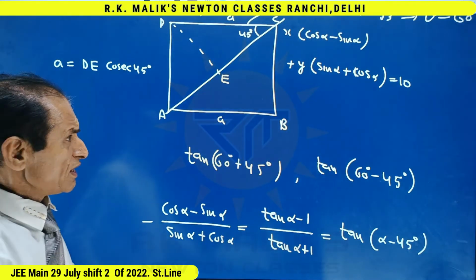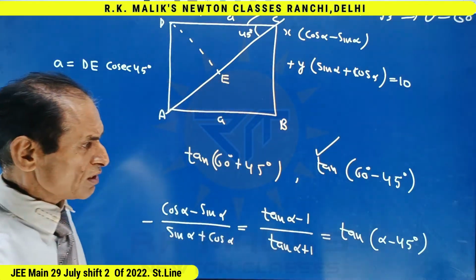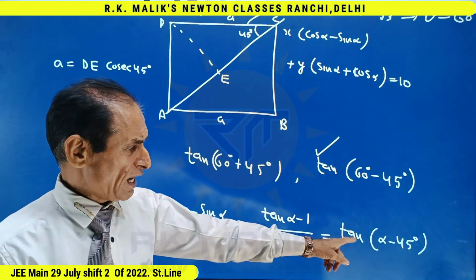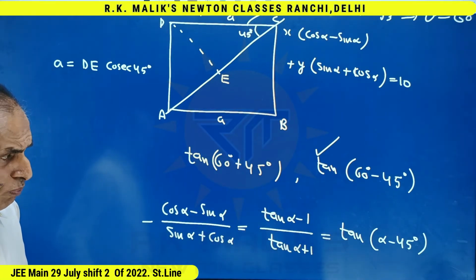Obviously, if I take the slope of AC as this, then only the value of alpha will be lying in the interval 0 to pi by 2.